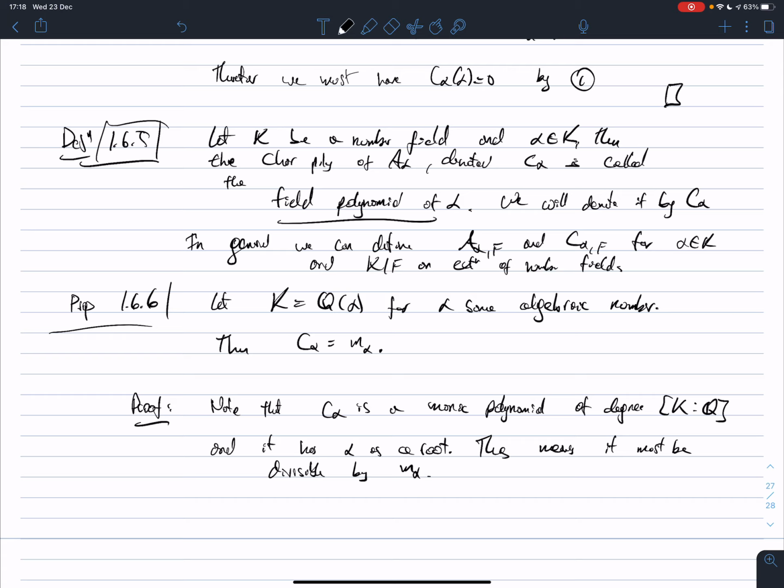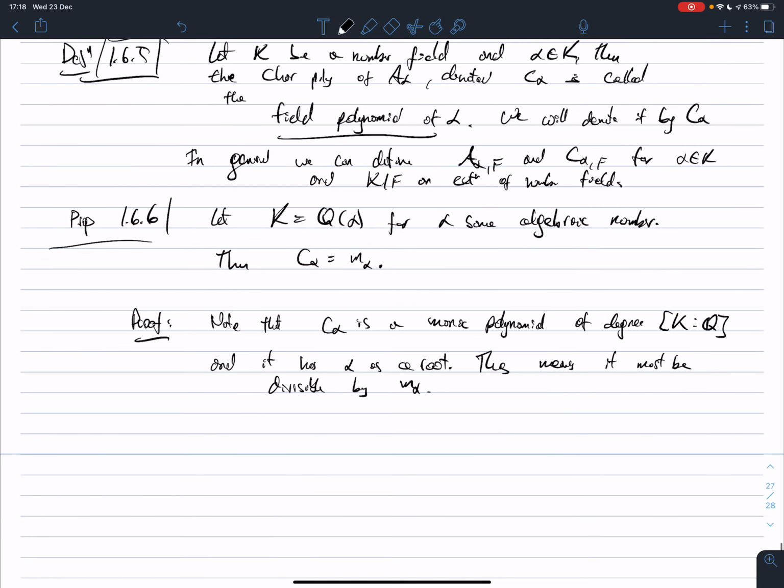But now we have two monic polynomials of the same degree, and one divides the other, so they must be equal. The monic bit tells you that there can't be any scalars, so one can't be twice the other, and they literally have to be exactly the same. This must be divisible by m alpha, therefore, as they are monic of the same degree, they must be equal.